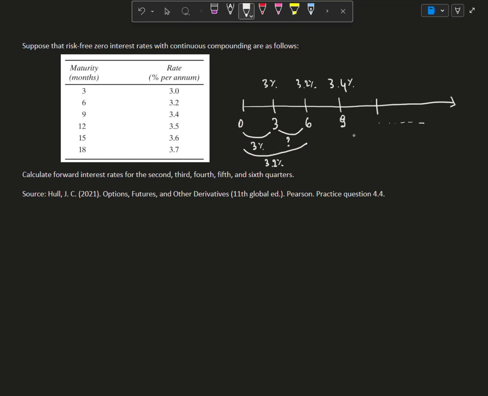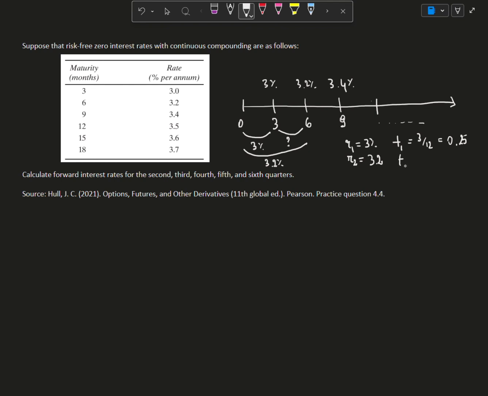And let's use a little bit of notation. We have our R1, which is 3%. We have our R2, which is 3.2%. We have our T1, which is 3 months out of 12, that's 3 over 12, or 0.25.